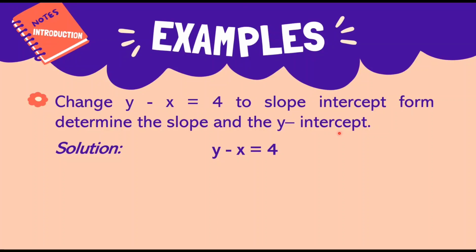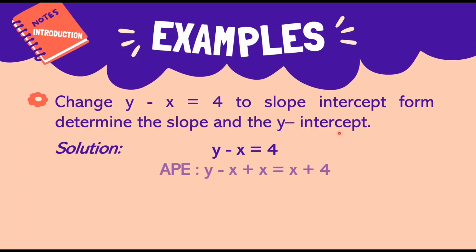We have y is equal to mx plus b. Since we already know the properties of equality, the first process that we need to use in order to rewrite the given equation into slope-intercept form is to use the properties of equality. In this problem, we will use the addition property of equality.